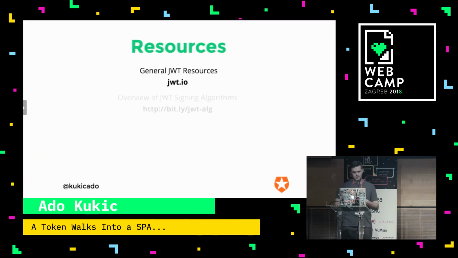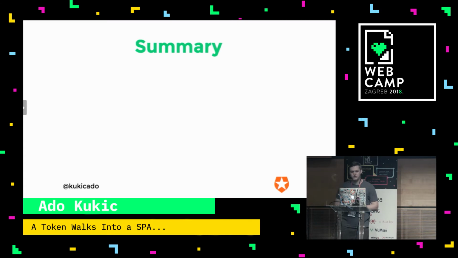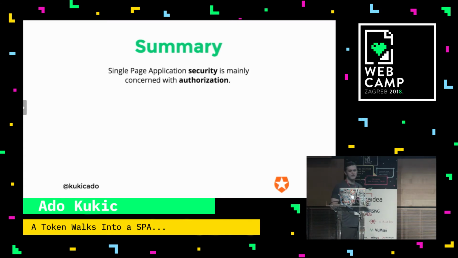With that said, a brief summary. Single-page application security is mainly concerned with authorization. Since we can't have private data, since we can't have secure data within our SPAs, we are mainly concerned with access to secured backend servers.